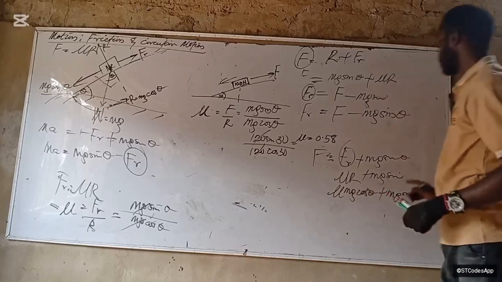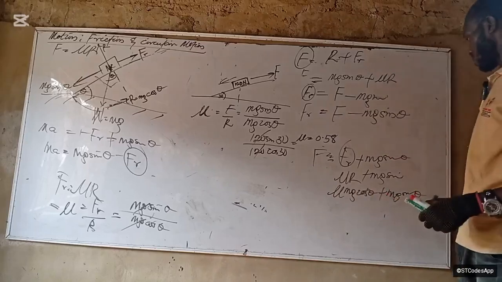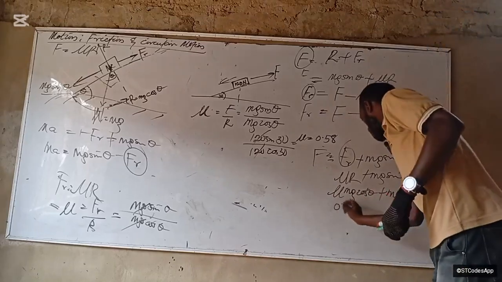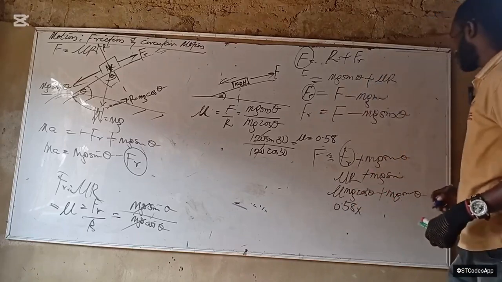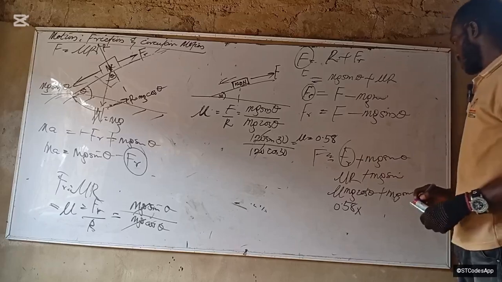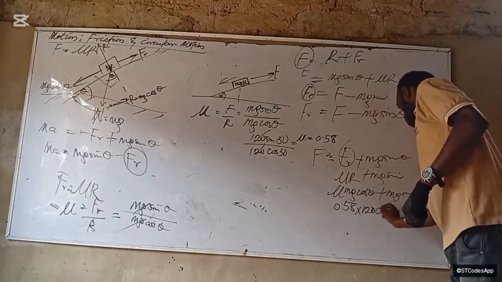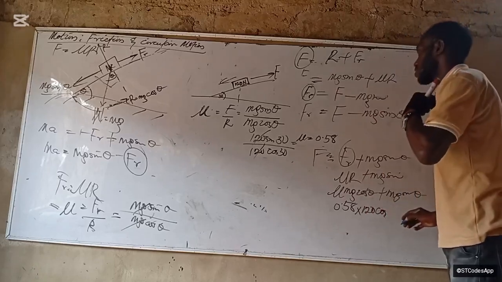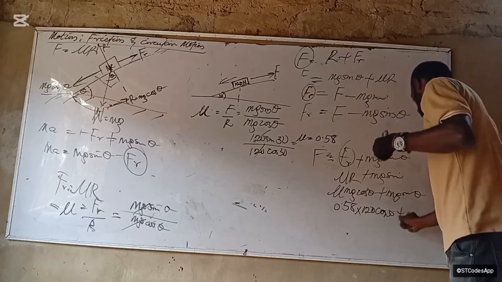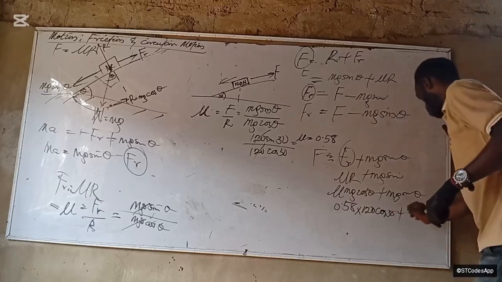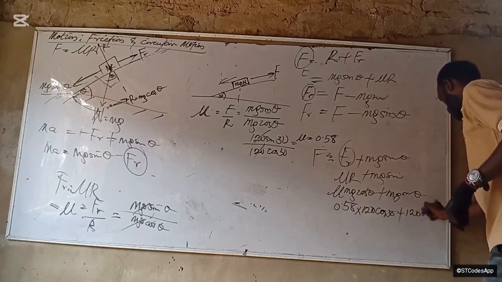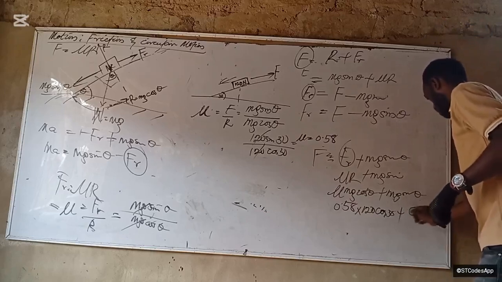Okay, we're not deriving the equation. We are solving, right? So that becomes 0.58 times, what is mg? Mg is 120, right? Times cos theta. What's theta? 30, plus mg 120 sine theta, times 0.5, that's 60, right?